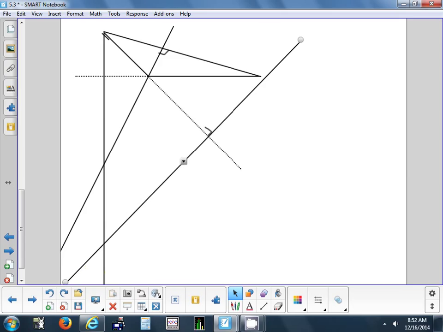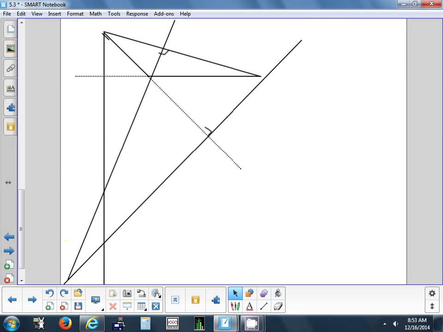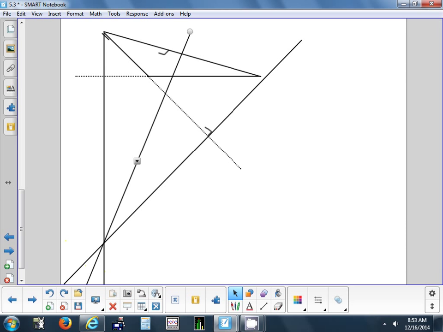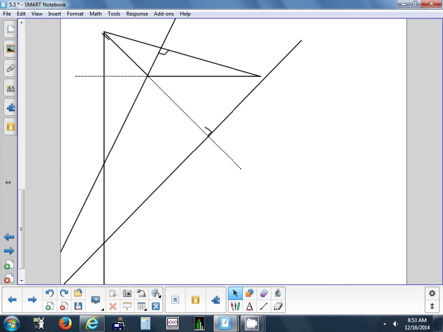This one up here, I think it's not quite 90, so we'd have to adjust it a little. It's hard to get it perfect, but try to get the idea.